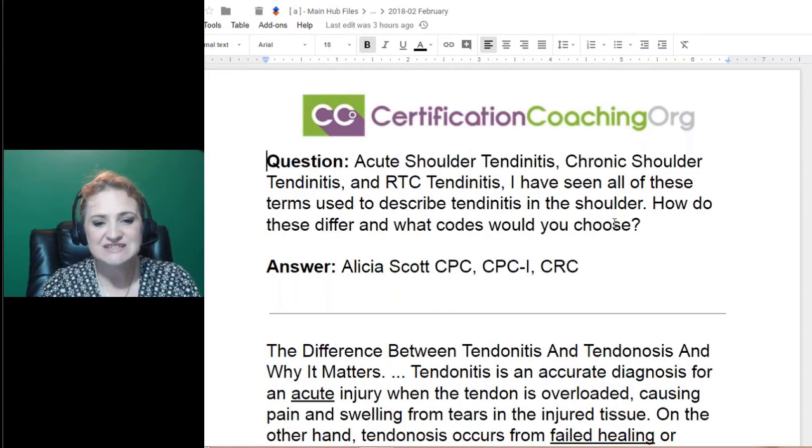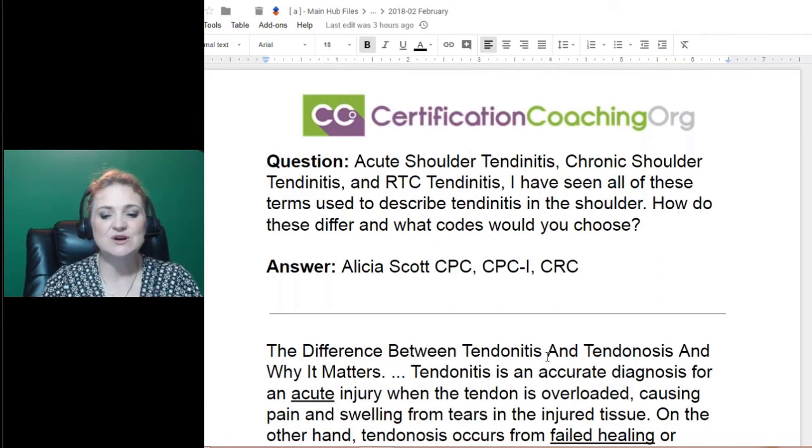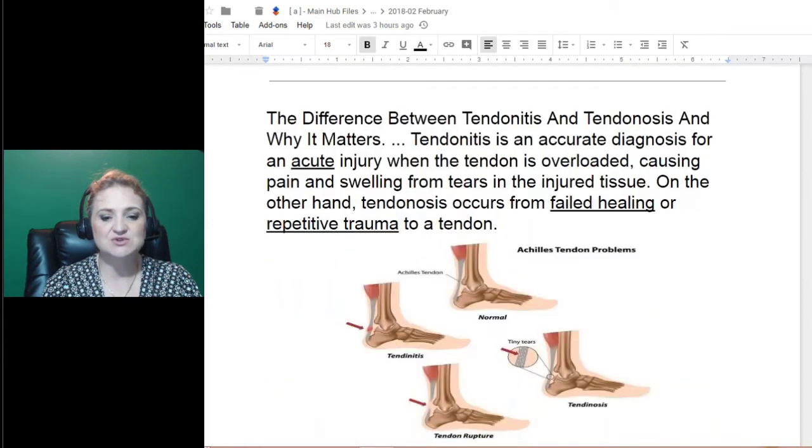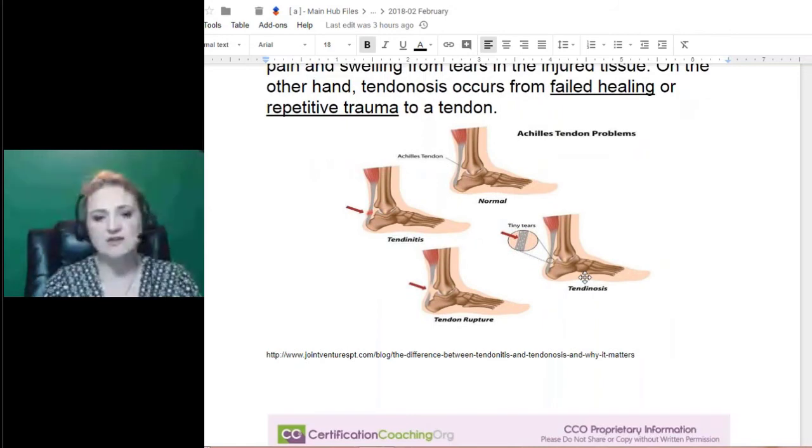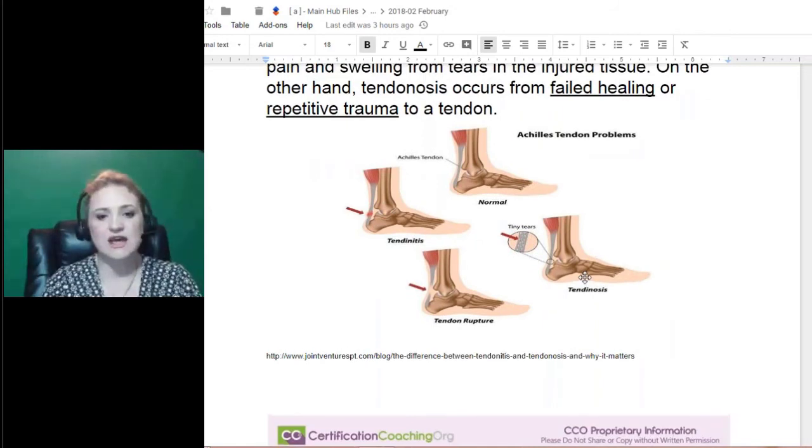So very simply put, understand if it's tendinitis or tendonitis or tenosis, what's the difference, and that little description there of each one: one's an inflammation, you could have an actual tear, no matter where it's at on whatever joint that you're looking at.